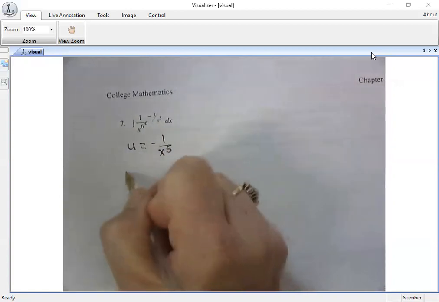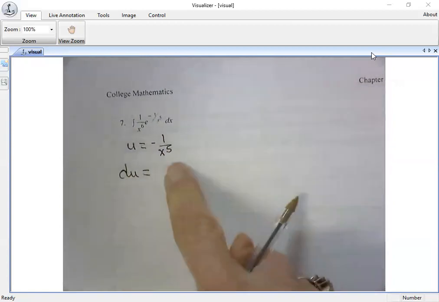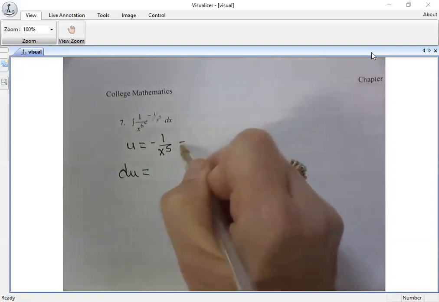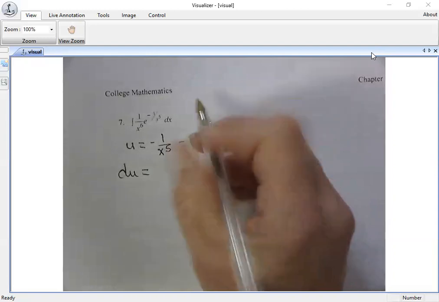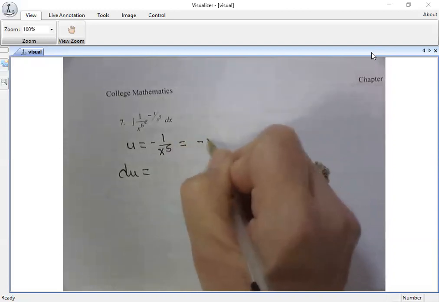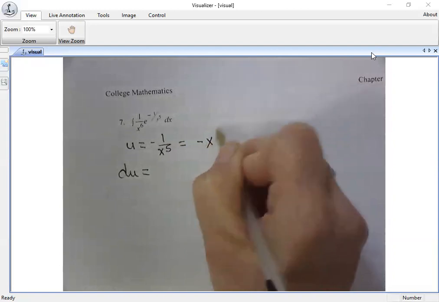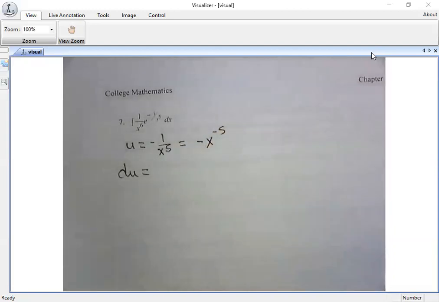Now, in order to find the du, I think I probably ought to rewrite this. I don't think I want to try to differentiate it with that x to the 5th in the denominator. So that's the same thing as, what if I write it where there's not a fraction: negative 1 times x to the negative 5. Okay, now let's differentiate that.